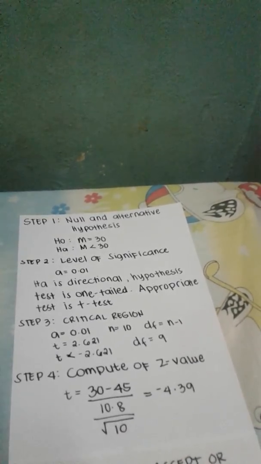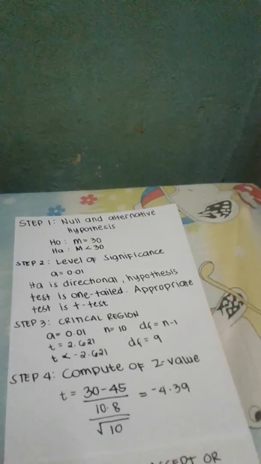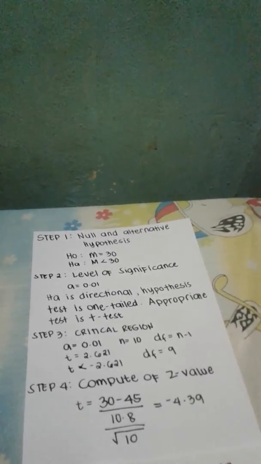Step 3, you need to identify the critical region. α is equal to 0.01, t is less than negative 2.621, and the df is equal to 9.